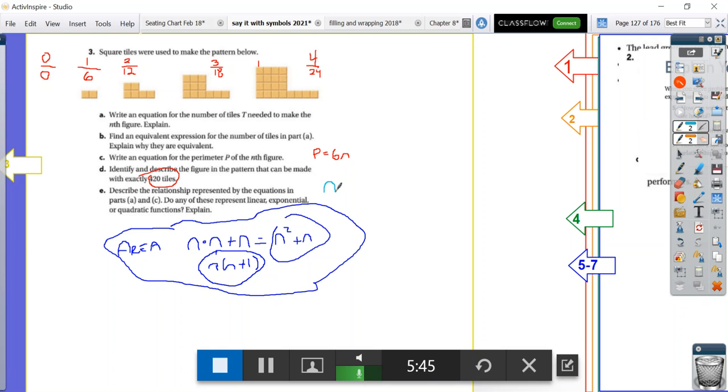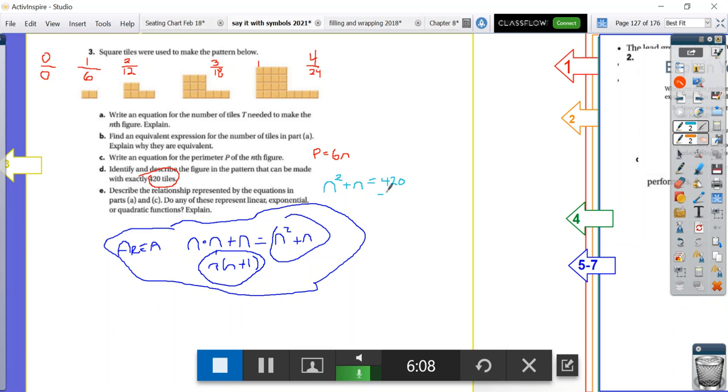So we know for this figure, n squared plus n has to equal 420. Well, is this quadratic or is this linear? Well, clearly it's quadratic. So to solve a quadratic, it has to be equal to 0 and in factored form.